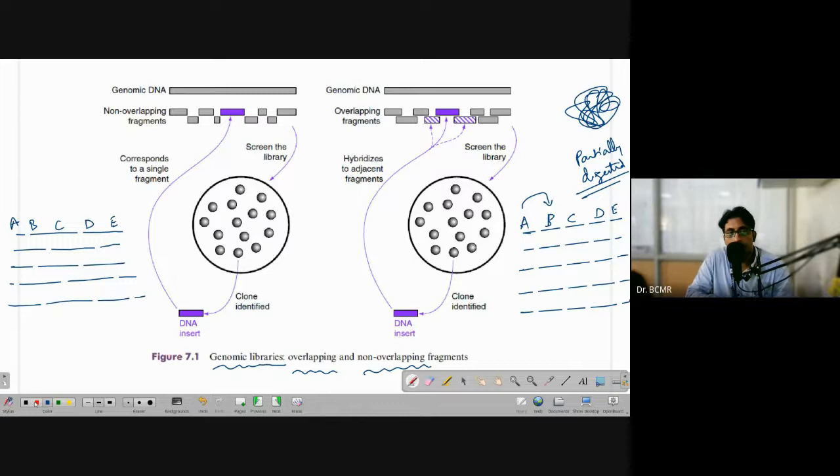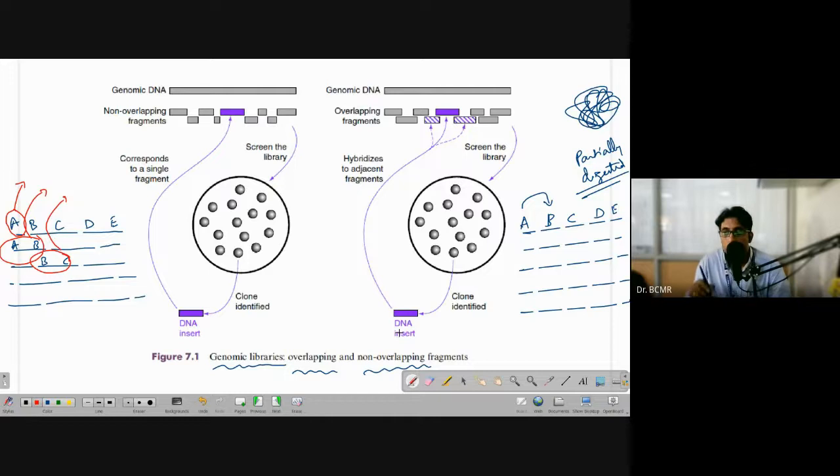In this case, A alone can be cloned in one fragment, right? Now look at the other one here, A and B. Those two will be cloned together in one clone. We can also find B and C here. They are together, getting cloned into one of the vectors.